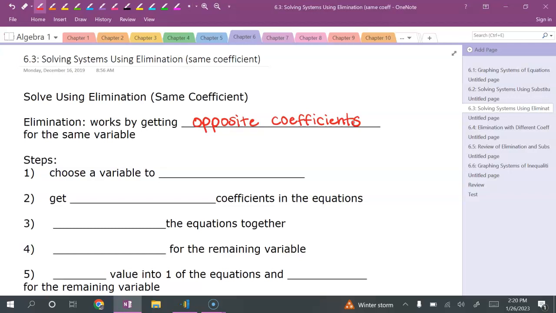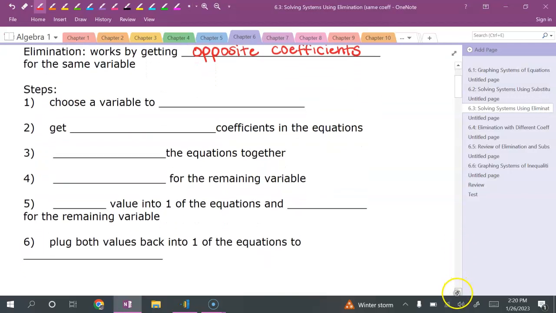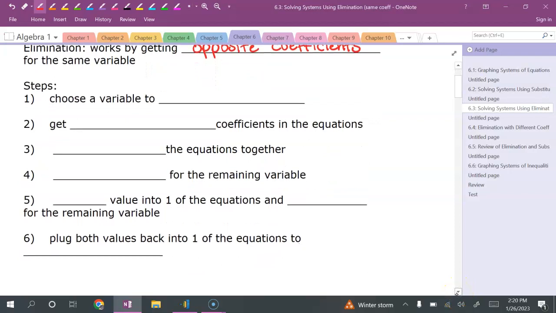We're going to try to get our matching variables that have the same coefficient to be lined up on top of each other so that we can try to eliminate them. There will be times where our coefficients aren't necessarily the same, and so there might be times that we have to get them to be the same before we can do this. But today we're only going to focus on the ones that do have the same coefficient in the front.